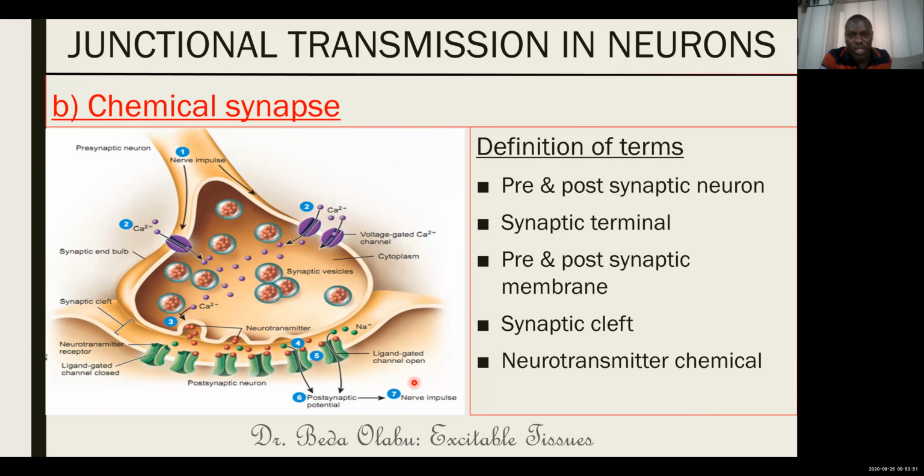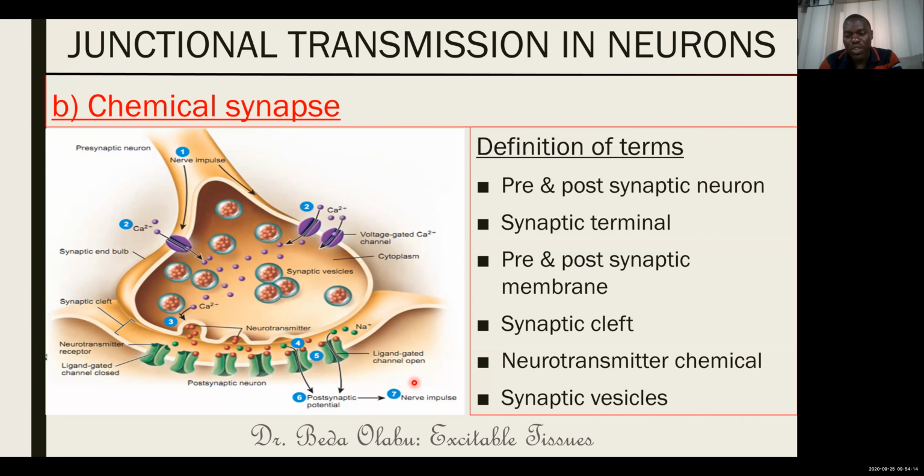You remember we talked about types of ligands: paracrine ligands, hormones, neurohormones, neurotransmitters. So neurotransmitters are where the synthetic and secretory cell and the receptor cell are both neurons.